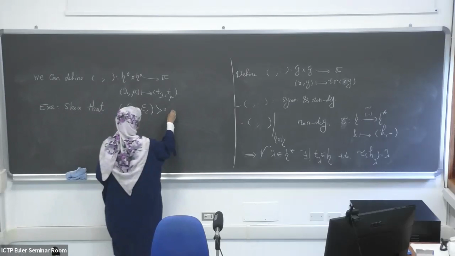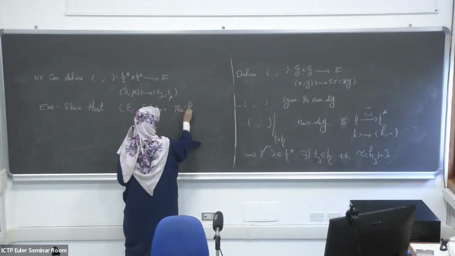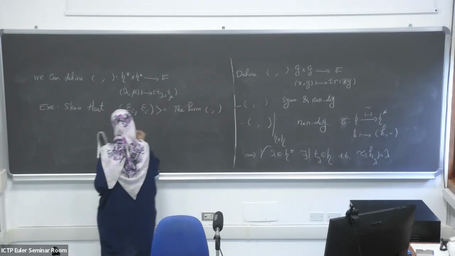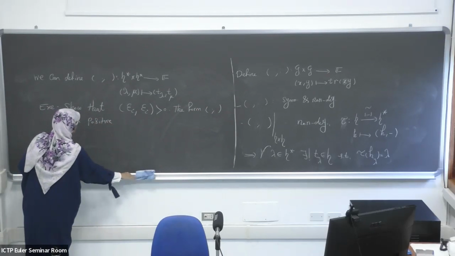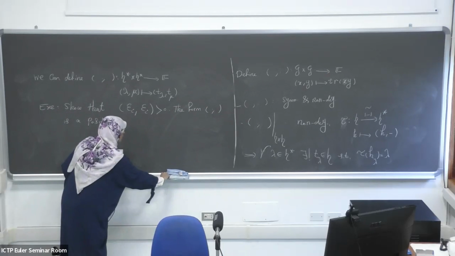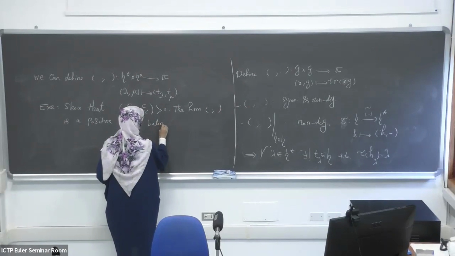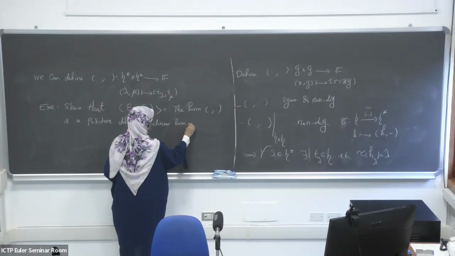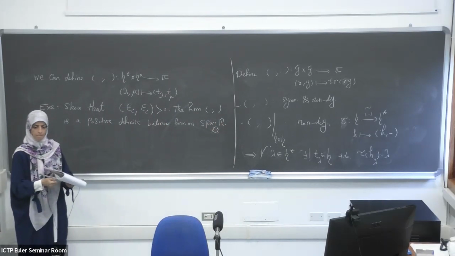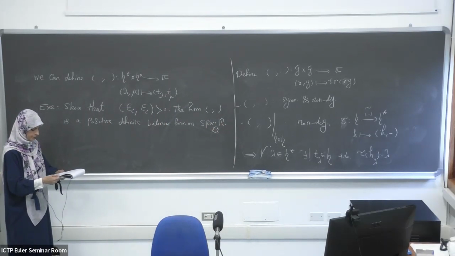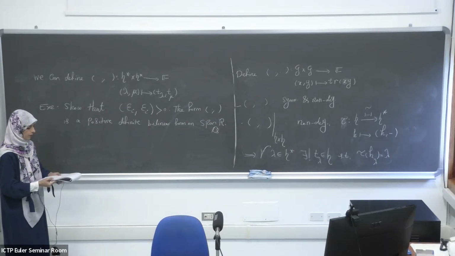In fact, the form is a positive definite bilinear form on the span of R over Q. Okay.